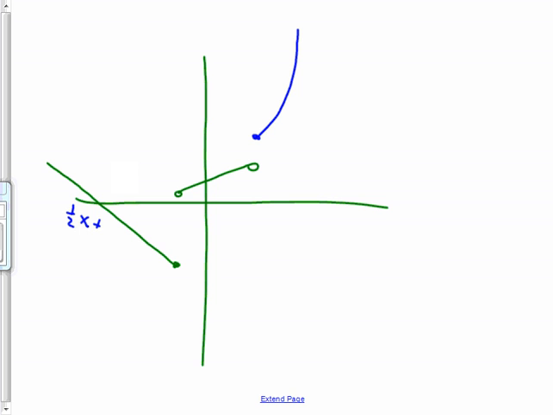Wait. This is the absolute value part, sorry. Do this absolute value of x minus 4. That's that one. This part of the graph is the 1/2 x plus 1. It touches 1 for the y-intercept and has the slope of 1/2.